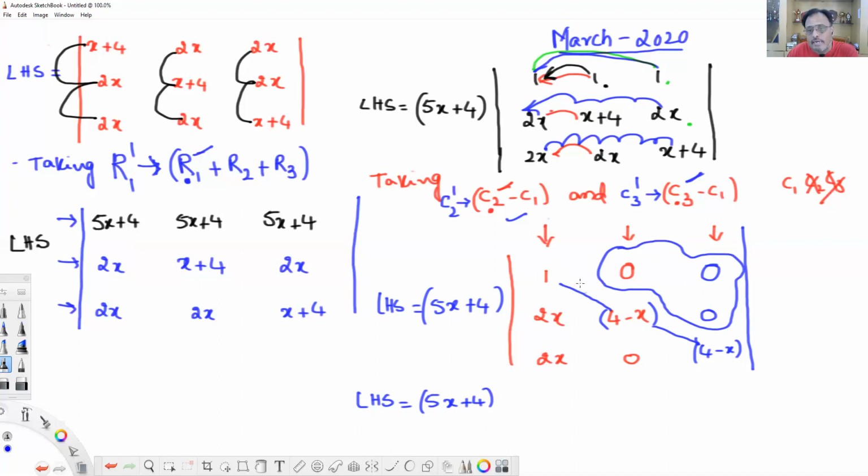If any one side of the principal diagonal elements are zeros, the value of the determinant can be obtained by multiplying the diagonal elements: 1 into 4 minus x into 4 minus x, that is 4 minus x whole square, which is equal to the right hand side.